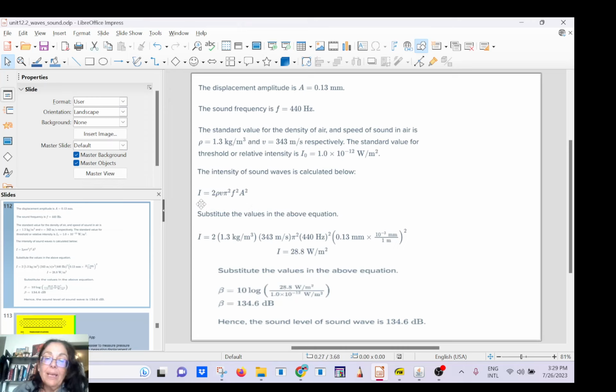Okay, because last time we talked about the intensity. So the intensity is the energy per unit second per square meter carried by the wave. And you see it's proportional to the amplitude squared and proportional to the frequency squared. And we discussed that. In that case, the amplitude was the displacement of the particles.